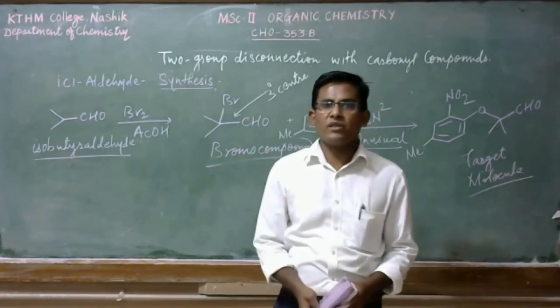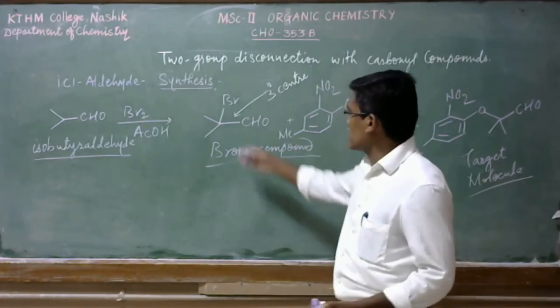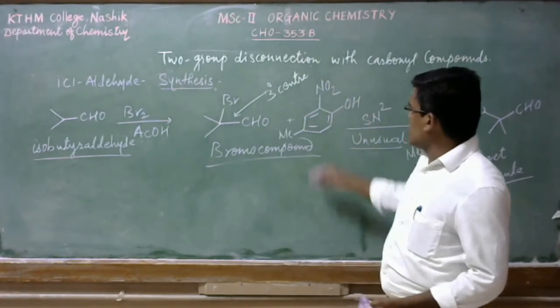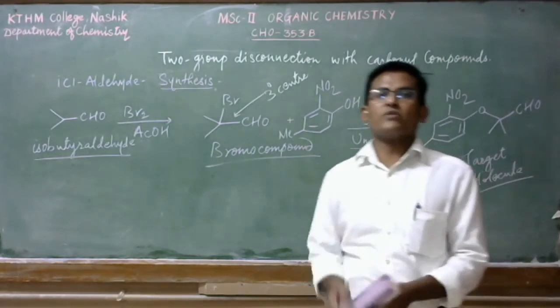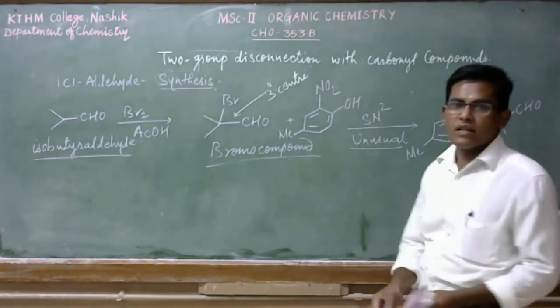When this isobutyraldehyde is treated with bromine in acetic acid, it gives rise to this bromoaldehyde, and then in the second step it undergoes the unusual SN2 reaction to give this target molecule.